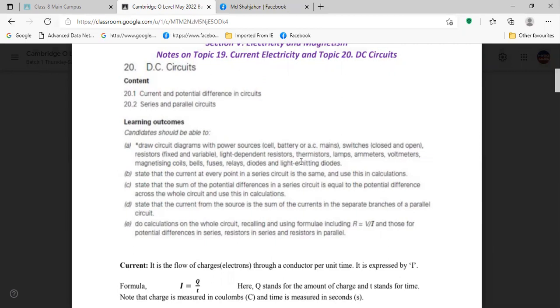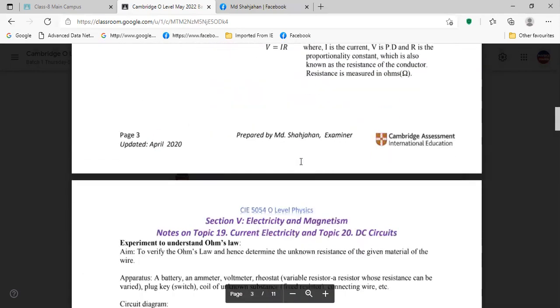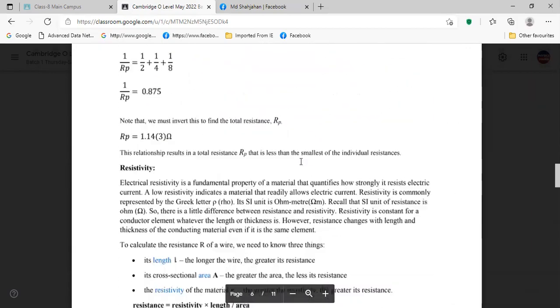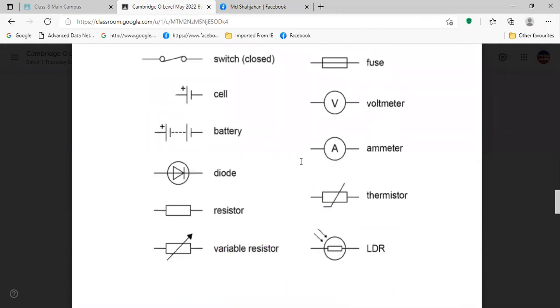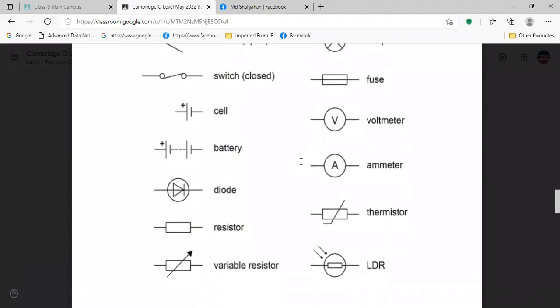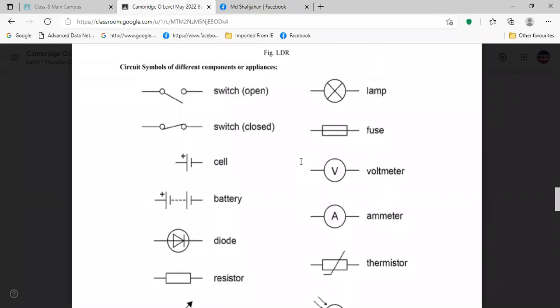We did not give you any extra symbol which is mentioned in the syllabus learning outcomes. We only gave you that. That's why you have to know them. And during Cambridge exams, you will be assessed only on these symbols, not more than that.